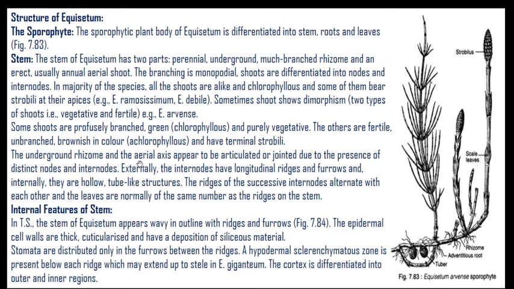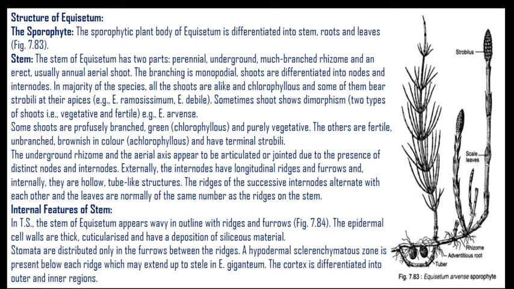The underground rhizome and the aerial axis appear to be articulated or jointed due to the presence of distinct nodes and internodes, and externally the internodes have longitudinal ridges and furrows, and internally they are hollow tube-like structures.